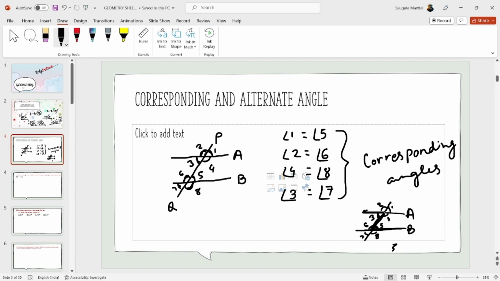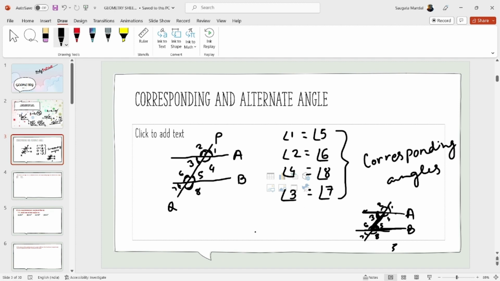In this Z shape, the angle theta 3 is equal to theta 5, and in this Z shape, the angle theta 4 is equal to angle theta 6. They are alternate to each other.